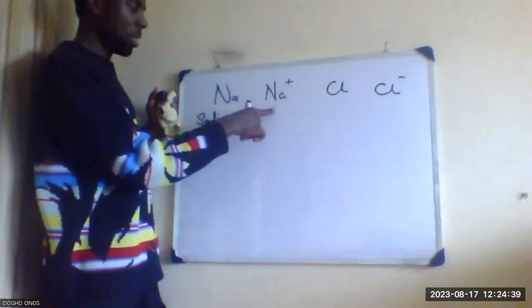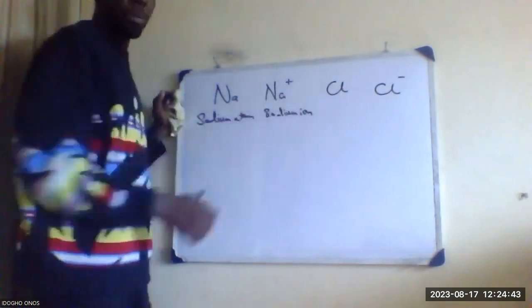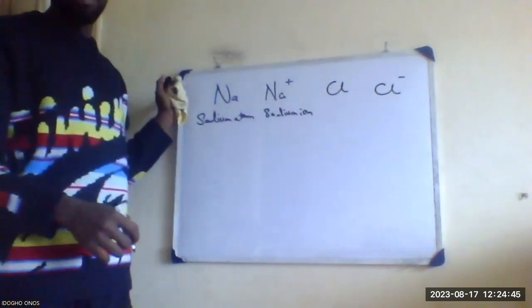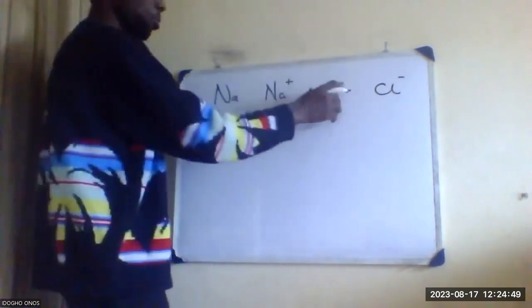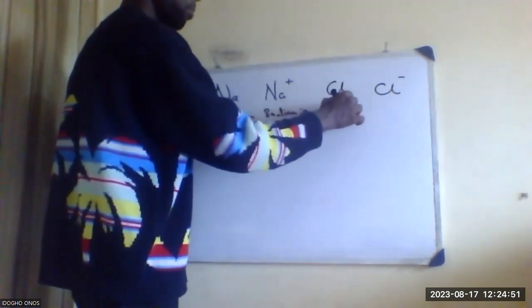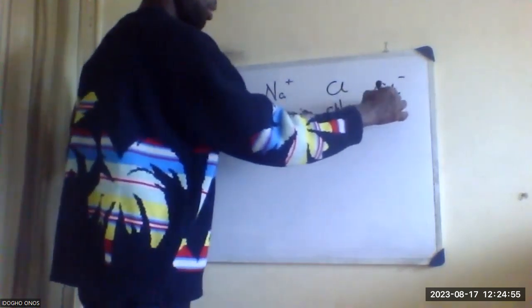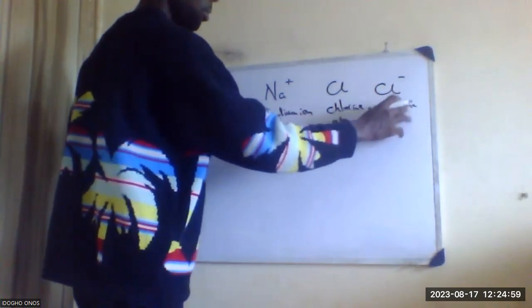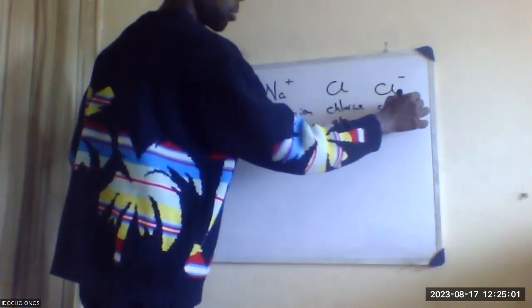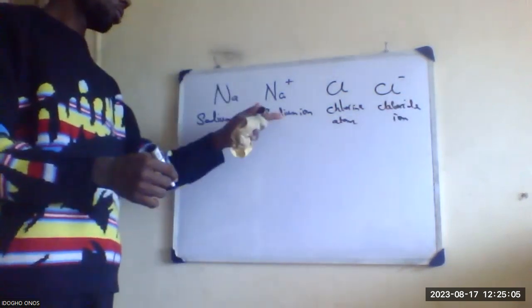Why this one is a sodium ion. This is also a chlorine atom, and this is a chlorine ion, or a chloride ion. Call it chloride ion, not chlorine.